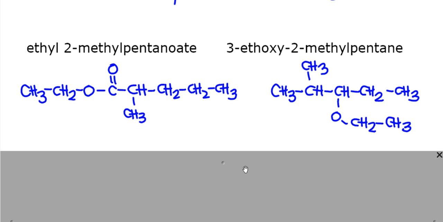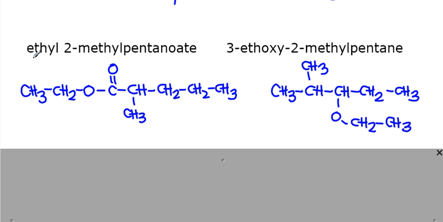Here are the first 2. Ethyl 2-methylpentanoate. So again, OATE means ester. So I've got ethyl here. That means that it's separate from the rest of the molecule.